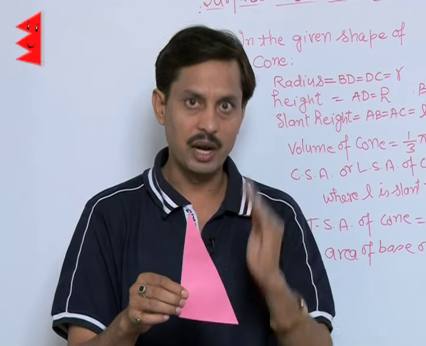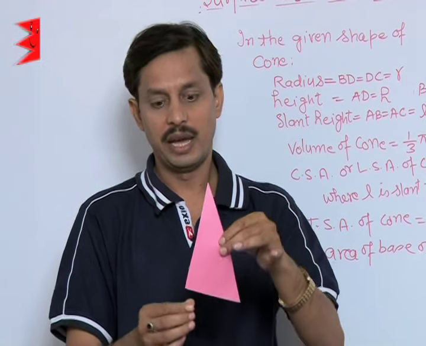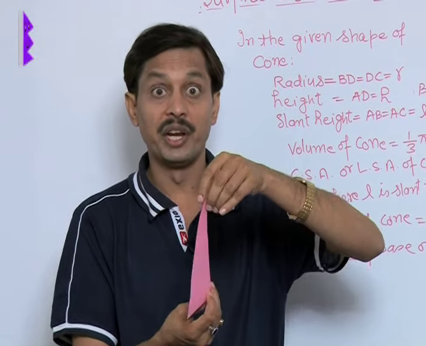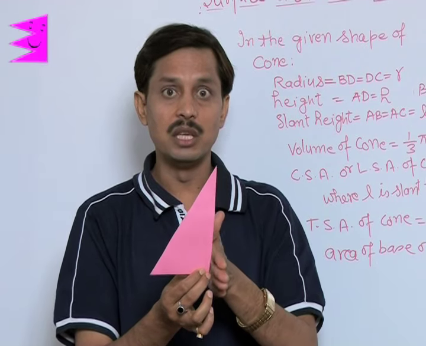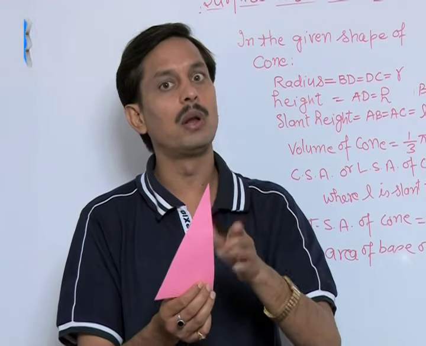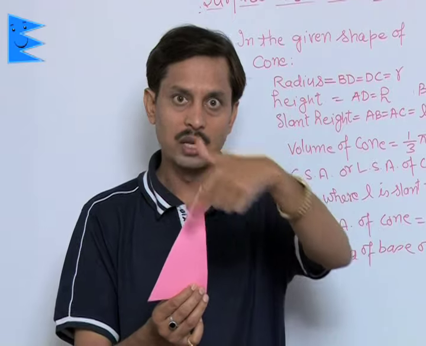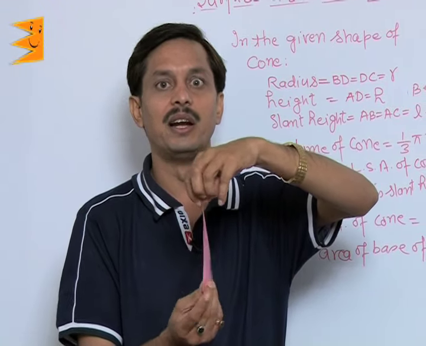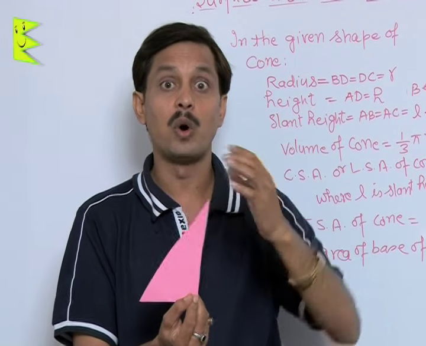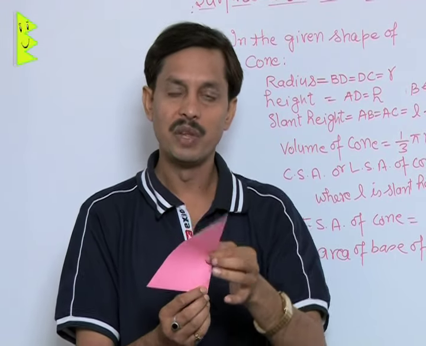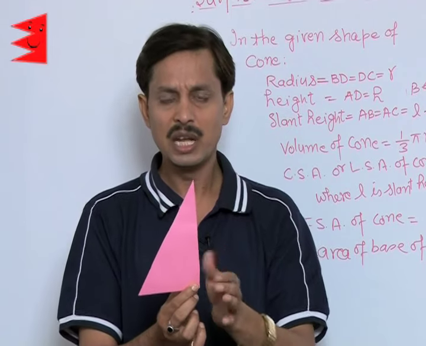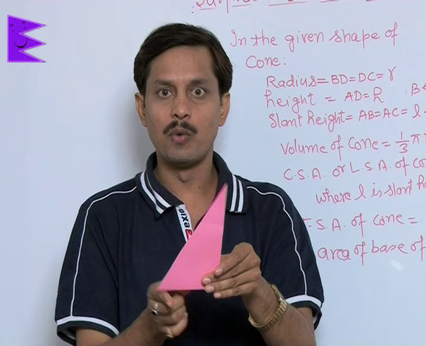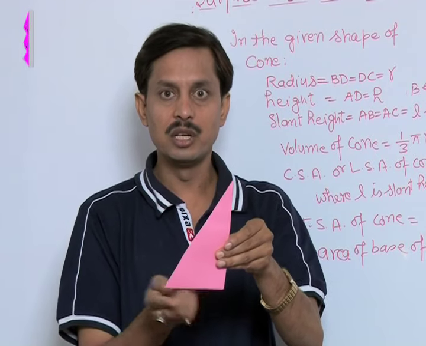If a right angled triangle as shown to you is revolved or rotated by keeping either its base or perpendicular fixed, then the space covered in the rotation of the right angled triangle, the shape so formed is known as a cone. In this case, I have fixed this perpendicular and I am revolving its base.